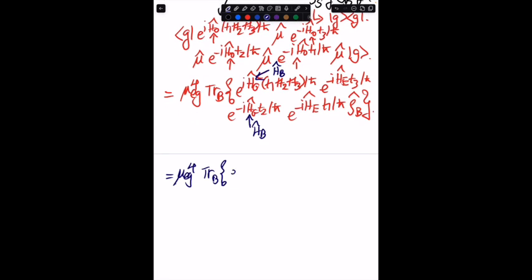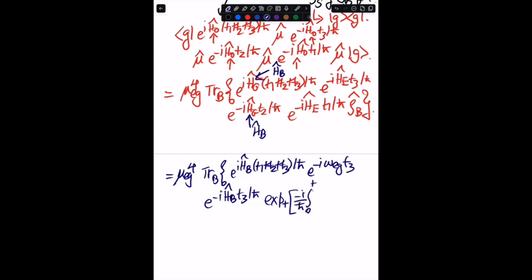You have e raised to power i H_p (t1 plus t2 plus t3) upon h bar, e raised to power minus i omega_eg t3, e raised to power minus i H_p t3 upon h bar, and then you have the positive time ordered exponential from 0 to t3 of U_eg(tau) d tau.